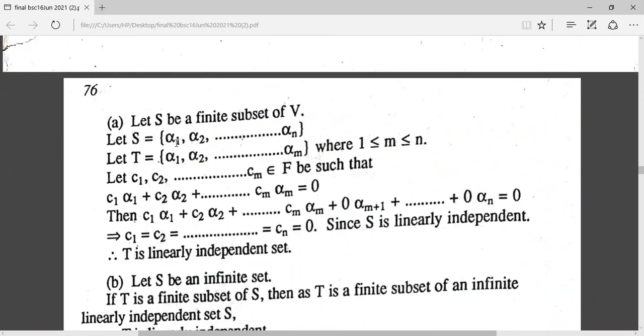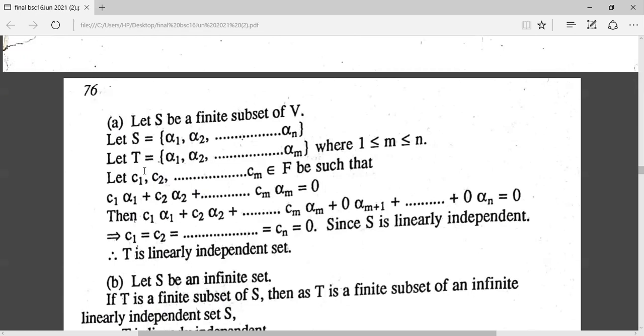What is S? Alpha 1, alpha 2 to alpha n. What is T? Alpha 1, alpha 2 to alpha m, provided here m should lie between 1 and n. Because otherwise it cannot be a subset. If it is to be a subset, m should be less than or equal to n, and greater than or equal to 1. So it is a subset.